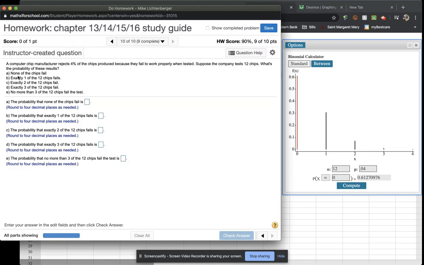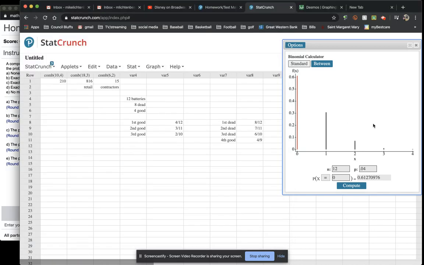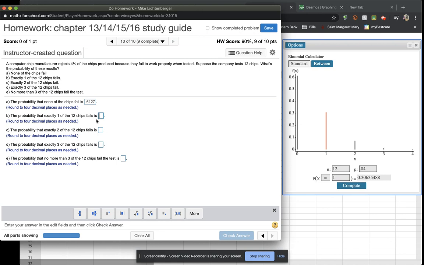Okay, and what does it say to round to? It says round to 4. So that would be 0.6127. Probability that exactly one of the 12 chips fails. So equals, change the 0 to a 1. So that would be 0.3064.